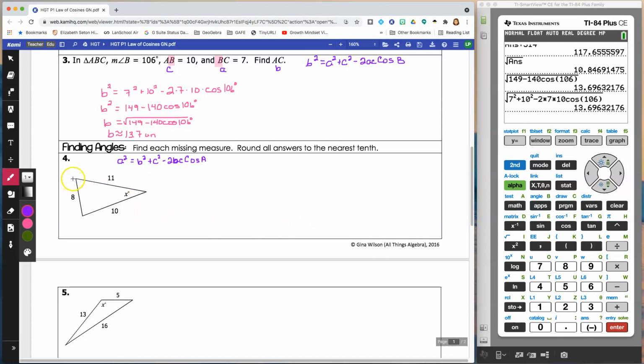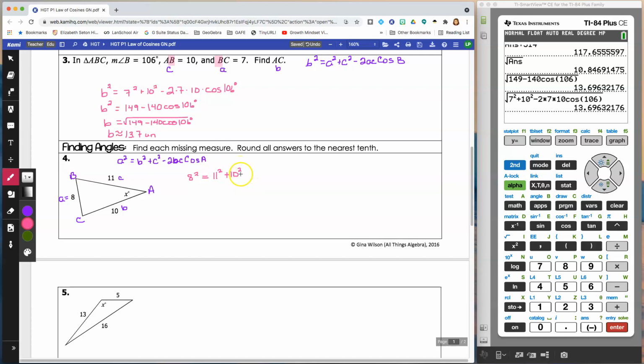So let's just fill this in. I'm going to use this as my angle A, and then the other 2, I'll just fill them in. So why did I do that? Because I wanted to identify what is my side A, and then we have side B and side C. All right, so let's fill in our formula. Our formula then says that 8 squared is equal to 11 squared plus 10 squared, or 10 squared plus 11 squared.